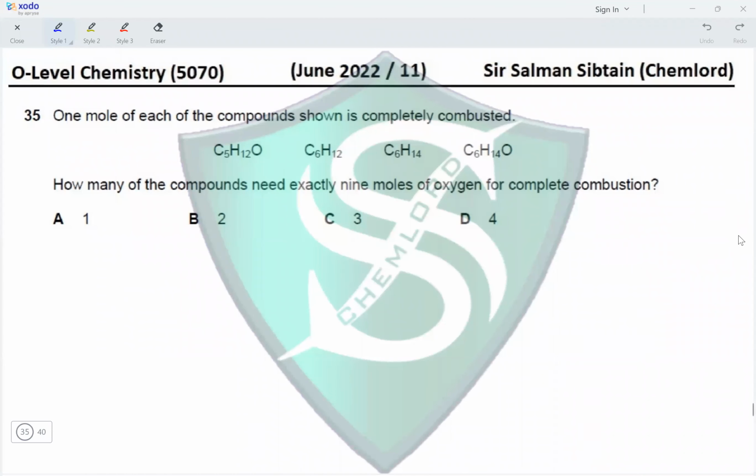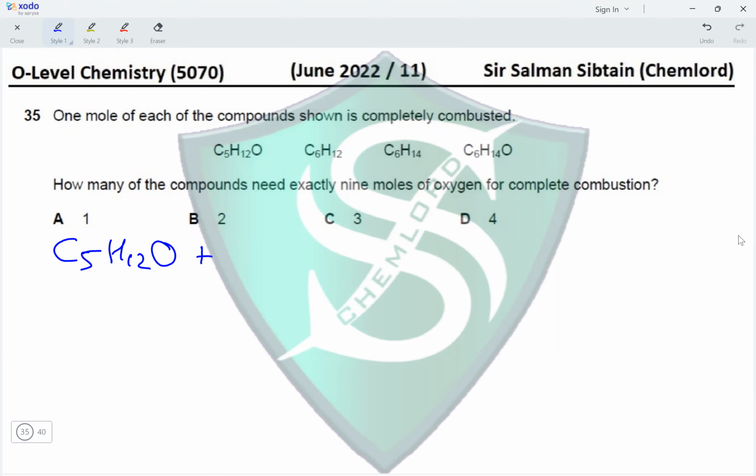Question 35. 1 mole of each of the compounds shown is completely combusted. How many of the compounds need exactly 9 moles of oxygen for complete combustion? Now, let's label these 1, 2, 3, and 4. In 1, we have C5H12O. So let's use the general combustion equation to solve this.